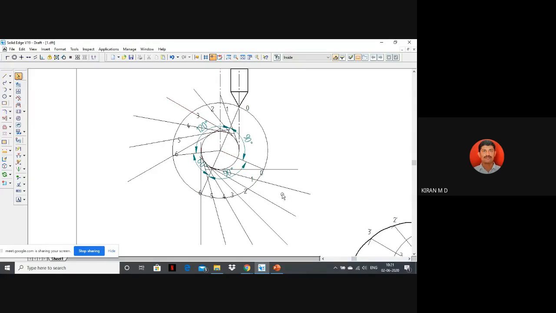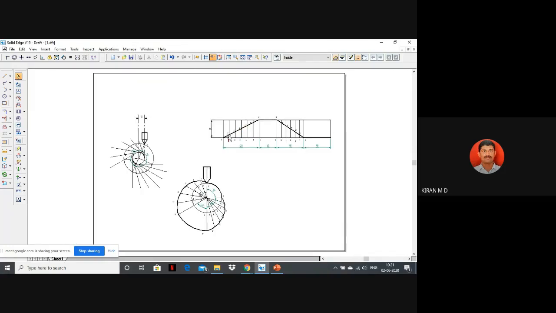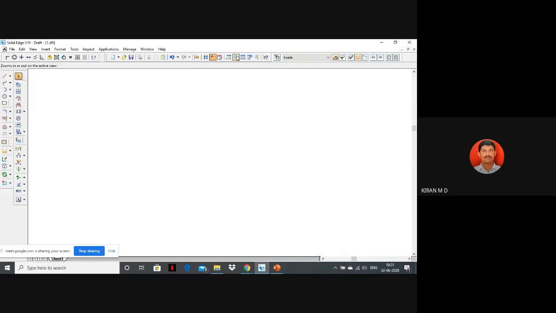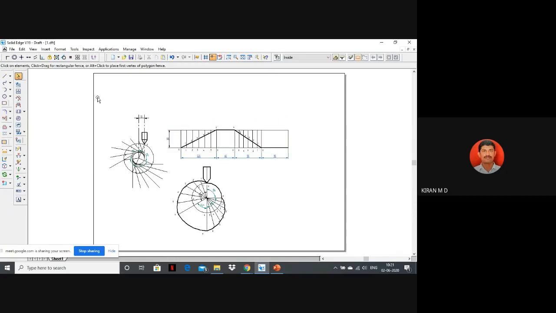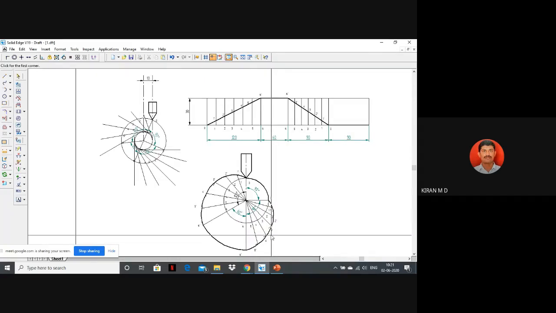Okay, next is very simple. Next step is you take the compass. You measure distance from 1 to 1 dash, you cut and you mark here.